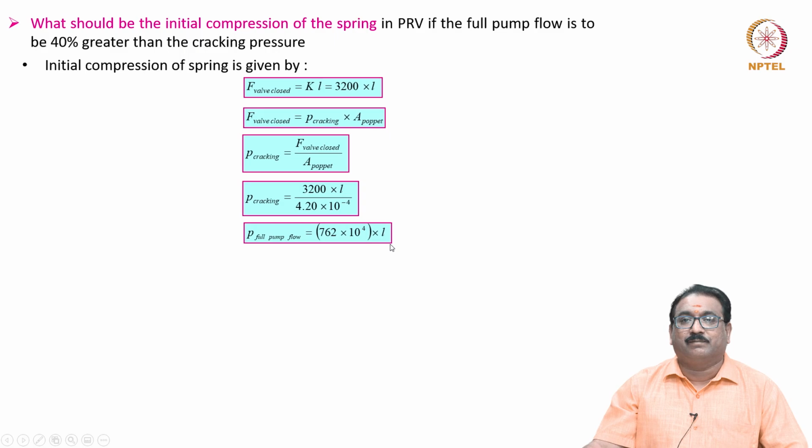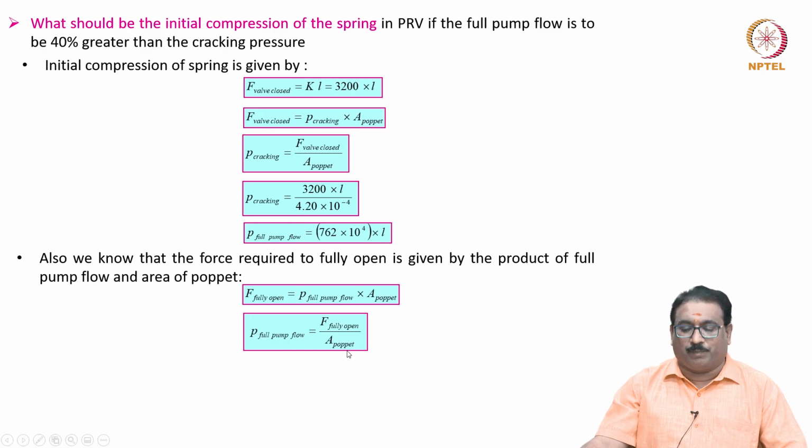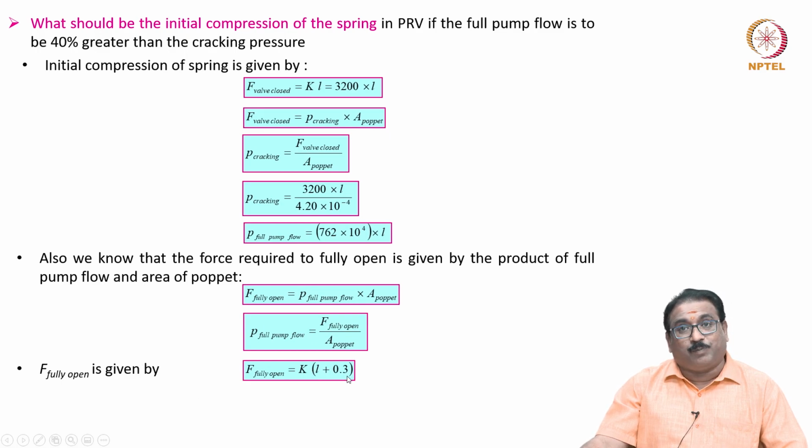So, we know that the force required to fully open is given by the product of full pump flow and the area of the poppet, correct here. Now, P full pump flow same, F fully open A poppet. F fully open is given by K into L plus 0.3. We have to find out L now, that is what I am telling you. So, F fully open equal to K is 3200.